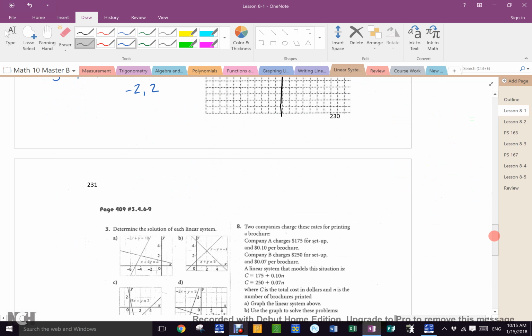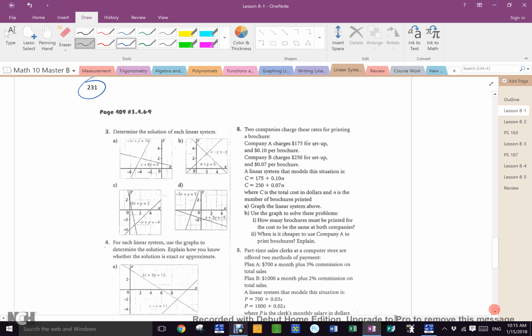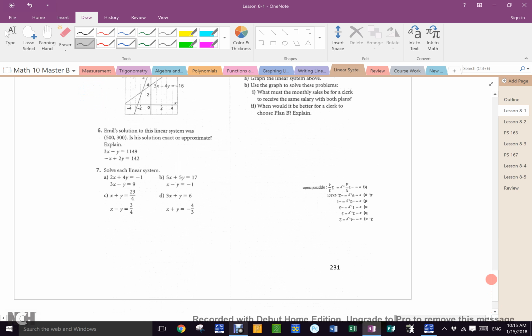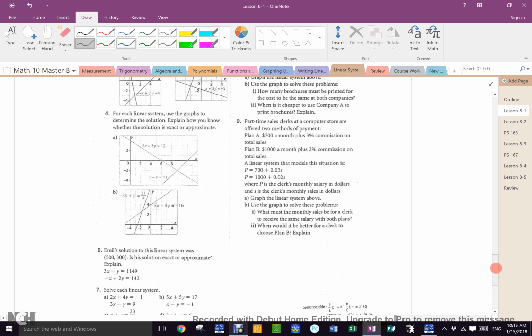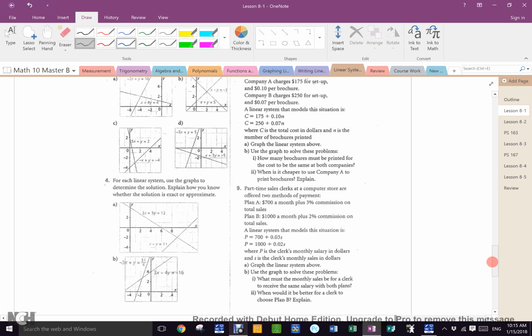Okay. I'm done. Page 231. Work on it for 15 minutes. Then I want to do something different. If you would like some graph paper, I have a bunch right here.